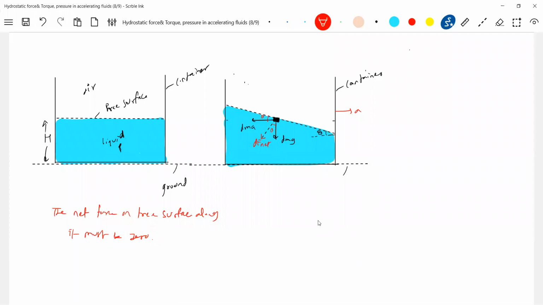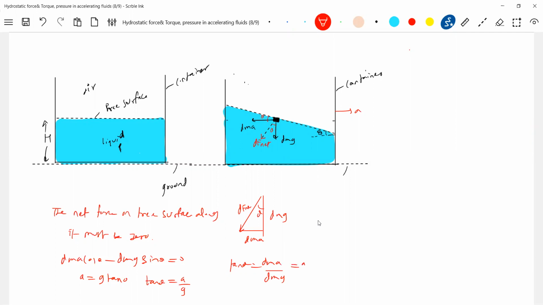So dma cos theta minus dmg sin theta equals 0. Therefore a equals g tan theta, or tan theta equals a by g. Or you can go for the triangle. I prefer to write the equation like this rather than as books have shown. This is dmg, this is dma, this is theta, then tan theta is dma by dmg, which is a by g.